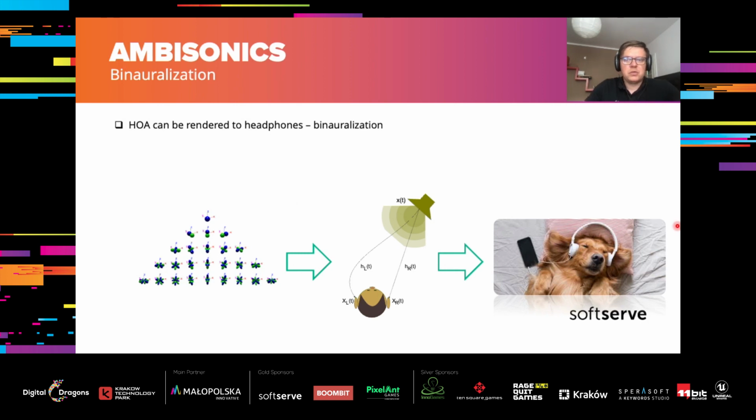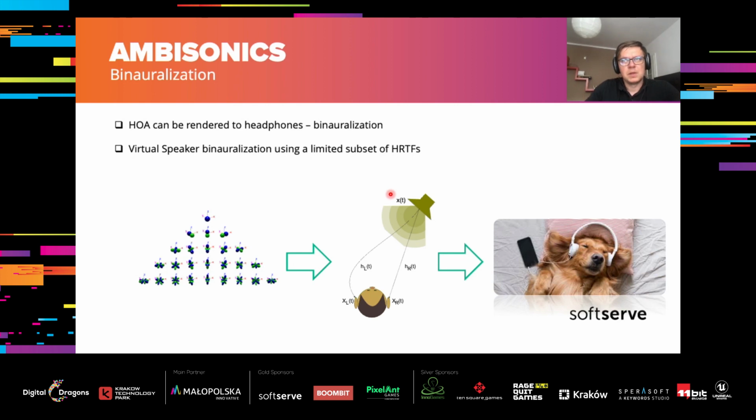And finally, as you could already hear, HOA representation of sound field can be binauralized and reproduced with headphones. So I just wanted to list here two types of binauralization techniques that can be used for that purpose. First is a virtual speaker approach.